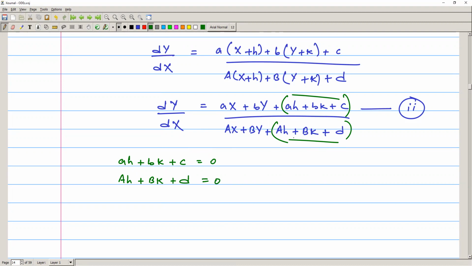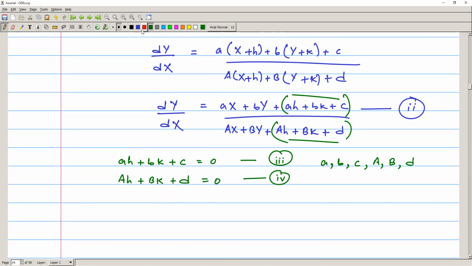Let's call them equation 3 and equation 4. Here a, b, c, d are constants that will be given in the original equation.